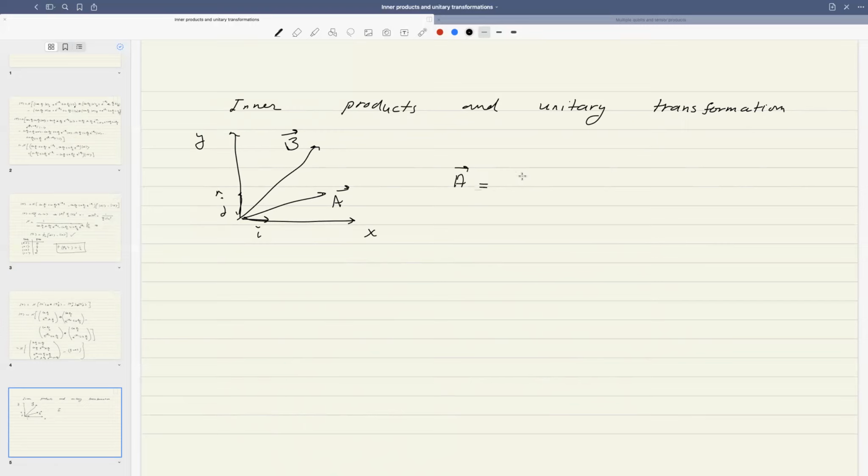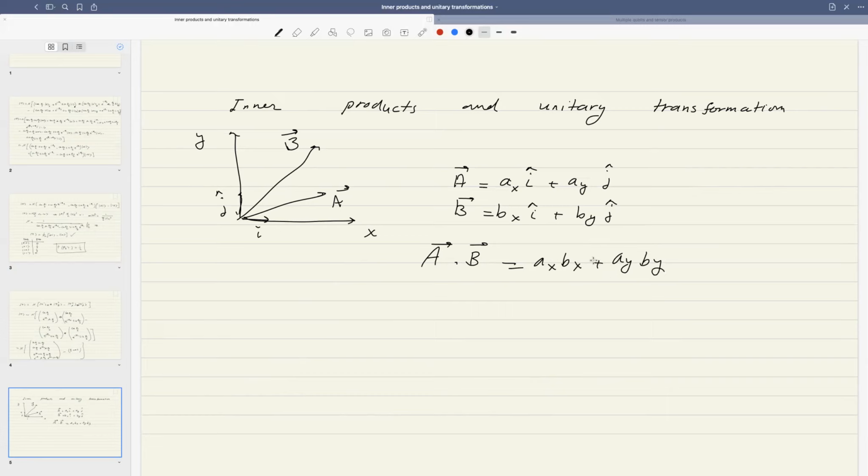So for example, A is A sub x i plus A sub y j, and B is B sub x i plus B sub y j. We had the inner product defined for these vectors, which in terms of the components in this fixed coordinate system can be written as a_x b_x plus a_y b_y.